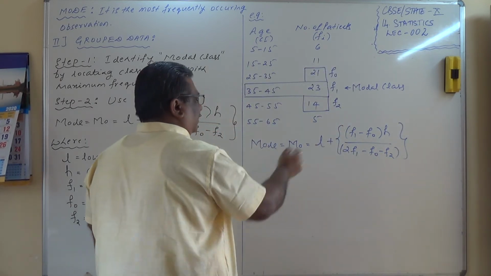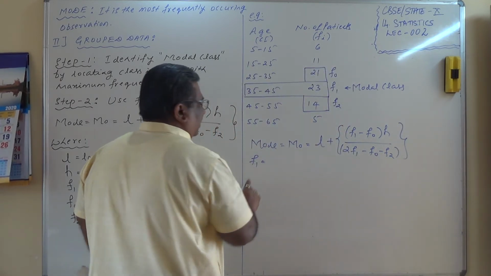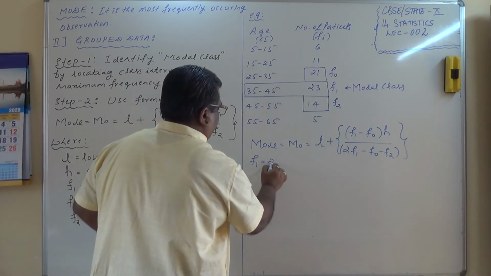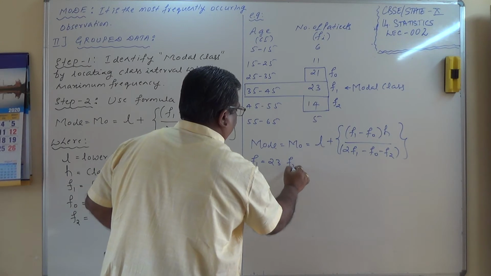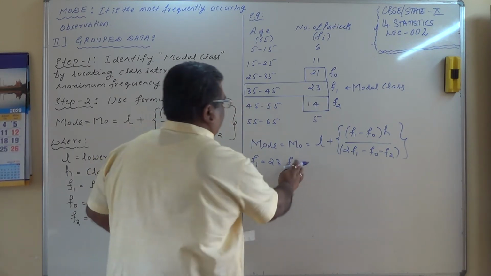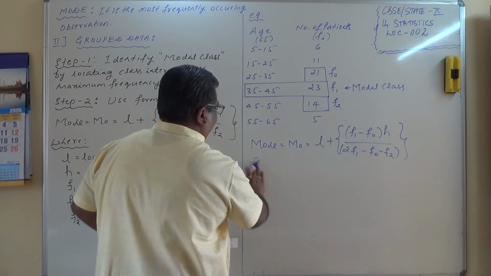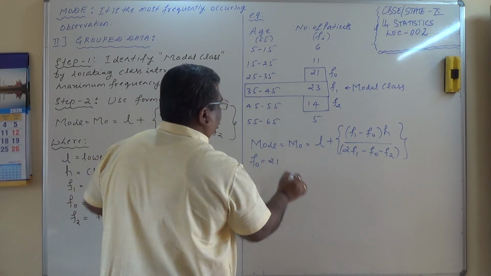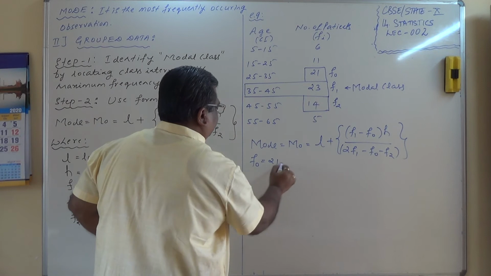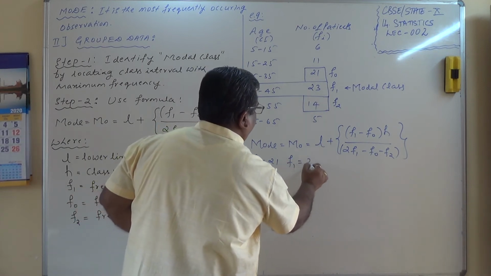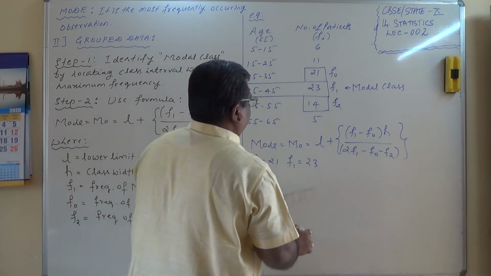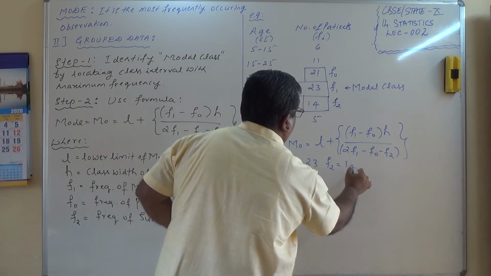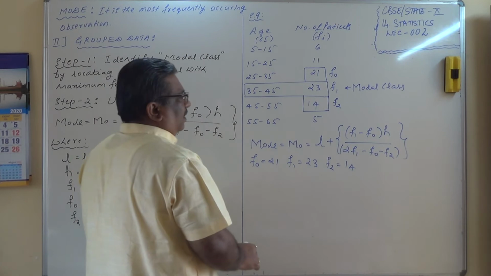Okay, I'll populate the values here. F0 is 21, F1 is 23, then F2 equals 14.